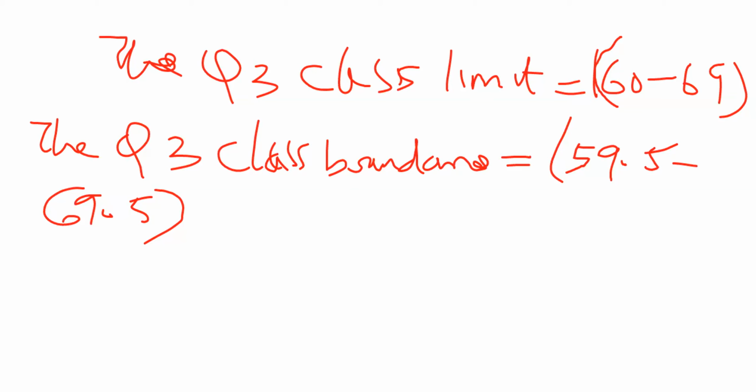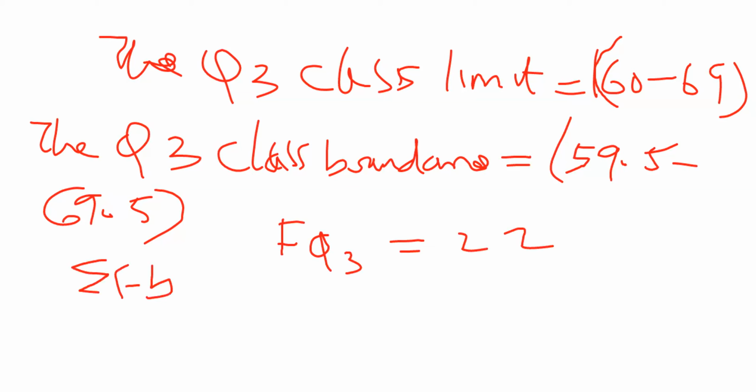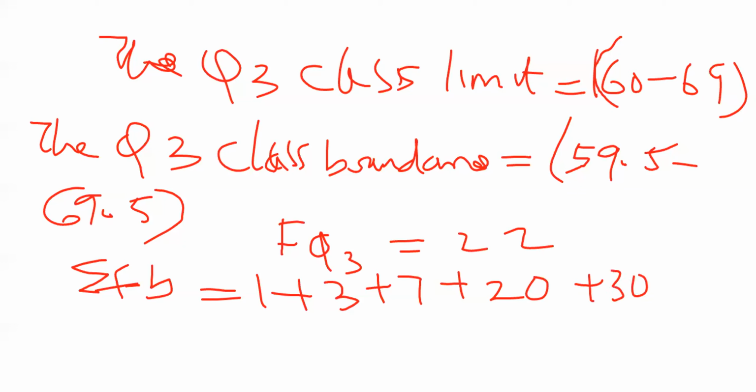In simple language, the frequency of Q3 is 22. That is settled. Another one, summation of FB, will be 1 plus 3 plus 7 plus 20 plus 30, which should be 61. Any question?